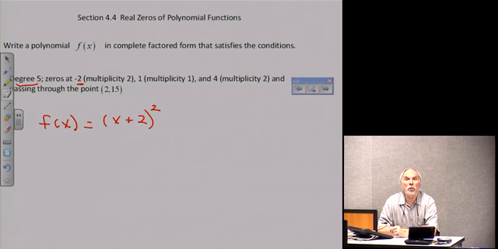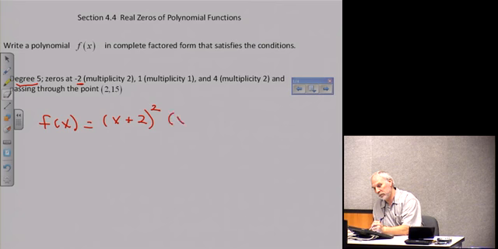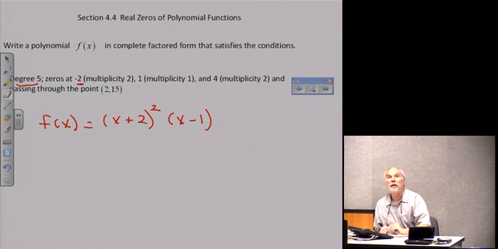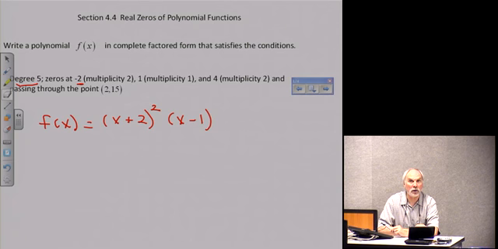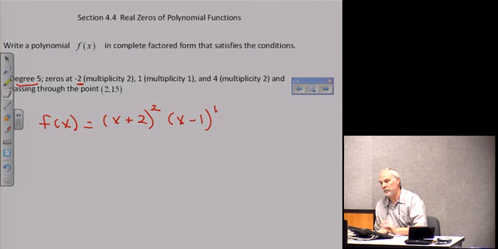The next zero is at 1. Well, since we have a zero at 1, then x minus 1 is a factor. And since this zero has a multiplicity of 1, we're just going to raise this factor to the first power. You don't need to write the first power, but I'm going to write it just to be official.